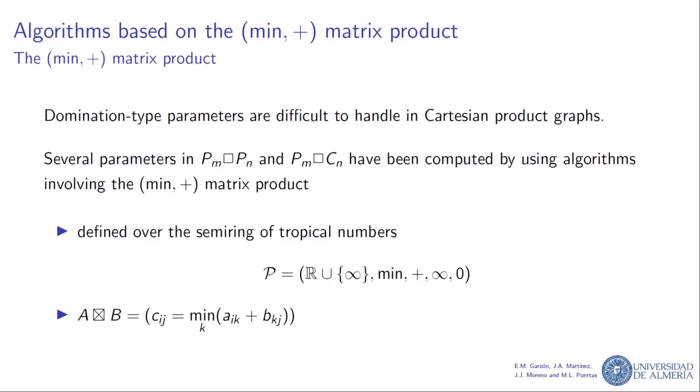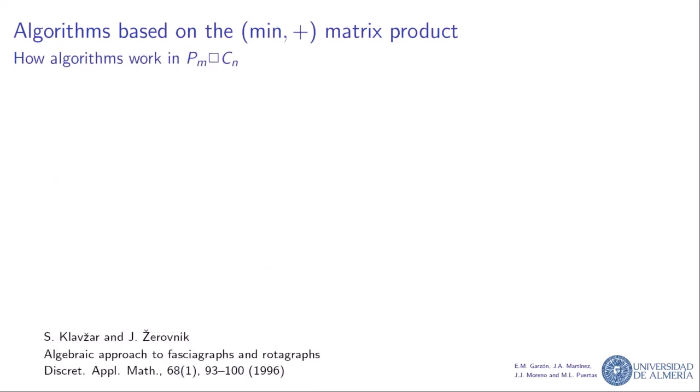This matrix product follows the same structure as the usual product, but changing the addition by the minimization and the product by the addition. So with this matrix operation, in this paper of 1996, the author presented algorithms to compute the different domination type parameters in Cartesian product graphs.